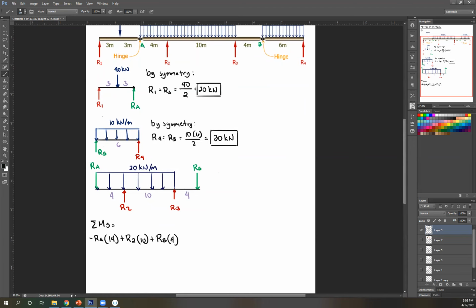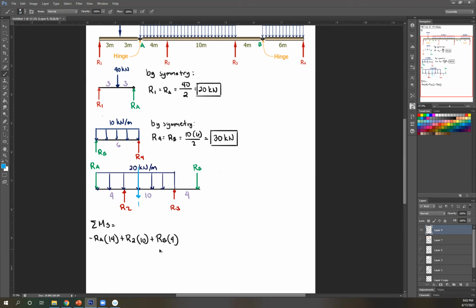Now we're not done. Remember, we have this external load. And that external load has an equivalent force at the center of that shape, right? Which means this is where that force will be. This is just a rectangle, so that's just at the center. So this is 14, so it's at 7. So this distance is 7. This also 7. All right?